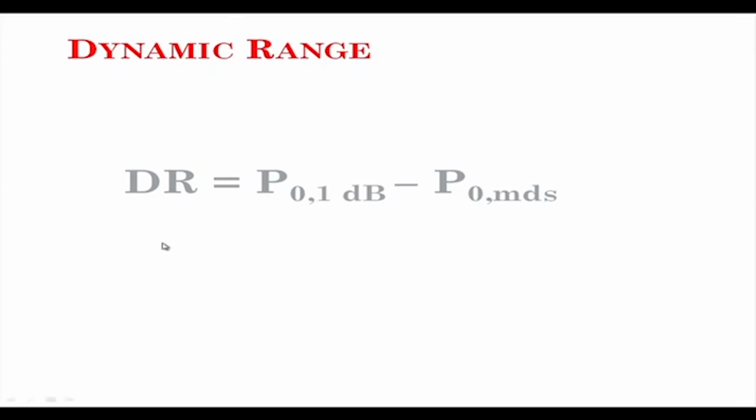So, you need to know that in the power amplifier I will have this much dynamic range. I can vary my input power level or output power level, same thing, so that within this range I am linear and all my amplifier design concepts are valid. So, this is the definition of the dynamic range.